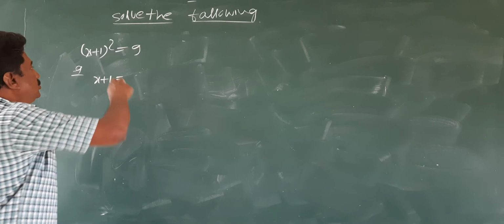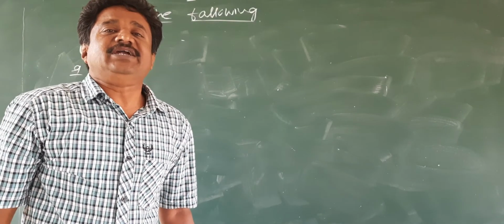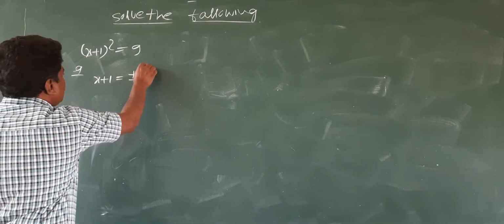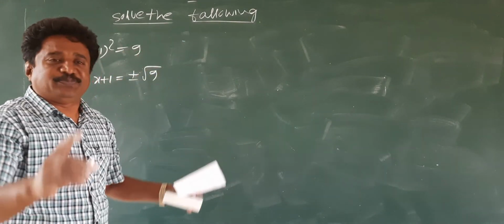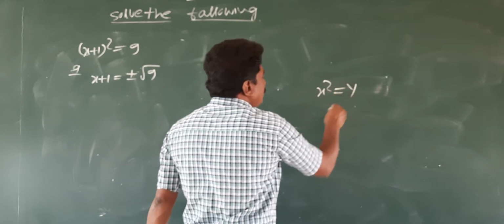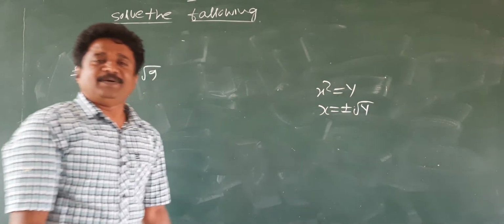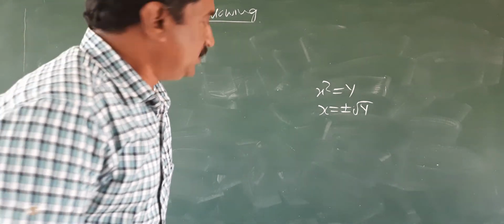If I send the square to the right side, it becomes a root, that too plus or minus root 9. The square on the right side is plus or minus. If x square is equal to y, we write x is equal to plus or minus root y. Not only plus, it should be plus or minus root y.